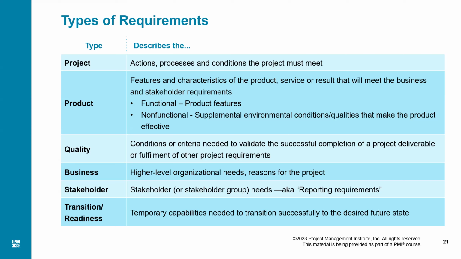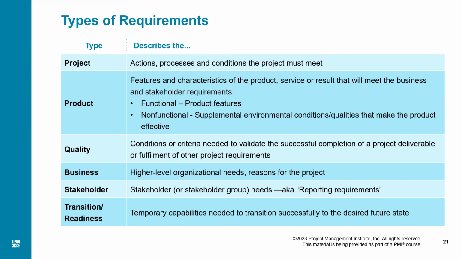Like there might be instructions in the contract that these are the transition requirements. You have to provide at least training on this product to maybe 10 people from the customer organization. Maybe you have to move the equipment to the premises site and install it, and then train them, and only then you can disengage from the project.